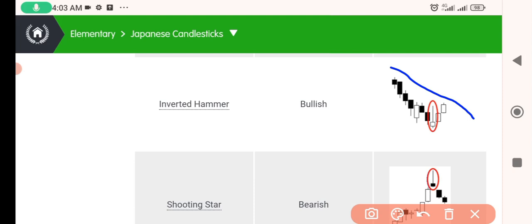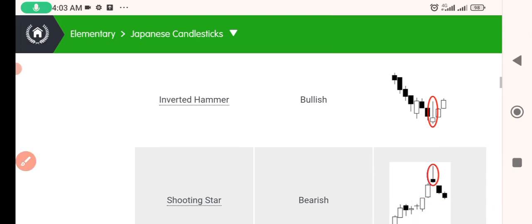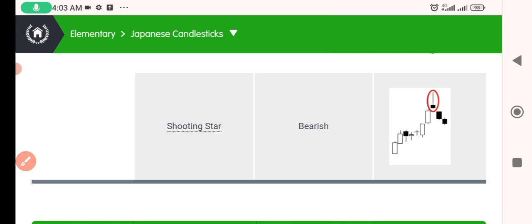And then you wait for another confirmation, a follow-up, for you to be able to make your entry at the close of the second follow-up candle. You make your entry, and then your stop loss is 5 pips below that particular candlestick pattern. And then after that, we have the shooting star.